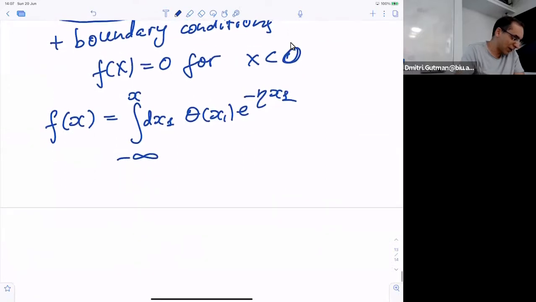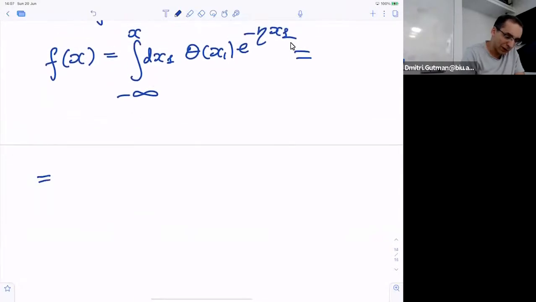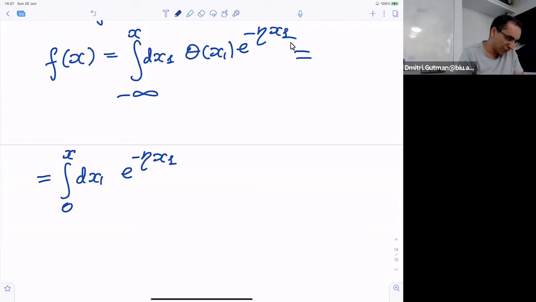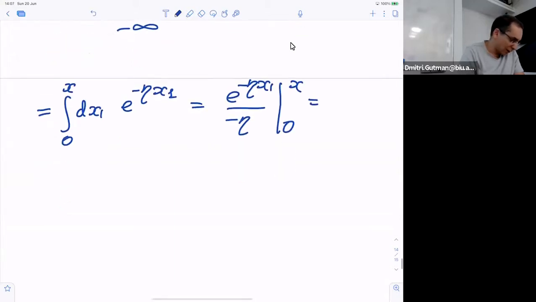So let us finish this computation. This would be equal to the integral from 0 to x dx1 e to the minus eta x1, and this will be equal to e to the minus eta x1 divided by minus eta from 0 to x, and this yields 1 minus e to the minus eta x, divided by eta.